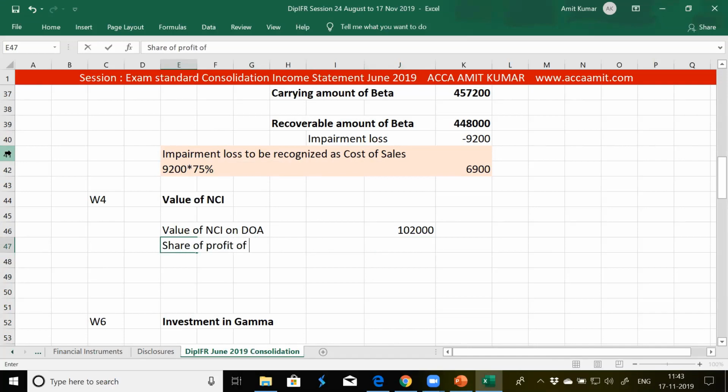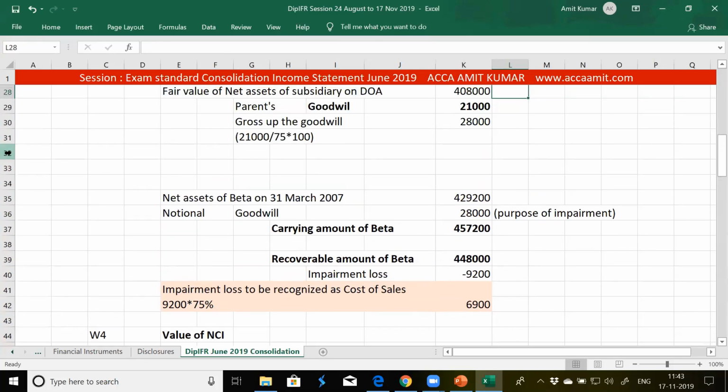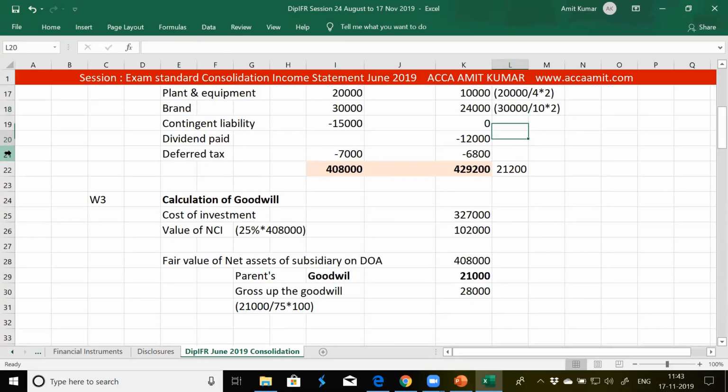Share of profit of NCI, if I go with this amount, then it is parent and NCI. $5,300.